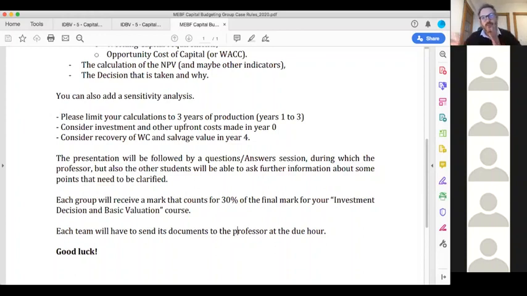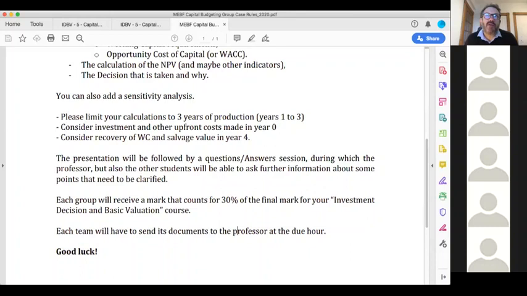Try to make it synthetic and interesting to follow. And of course, it's not about calculations, but really how you are able to build up the calculation of the NPV, and to tell a story about it. This is really what is important.